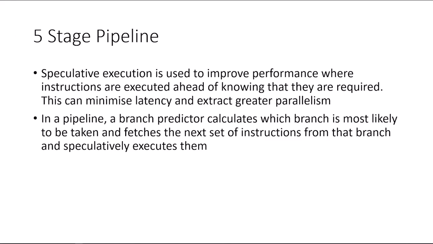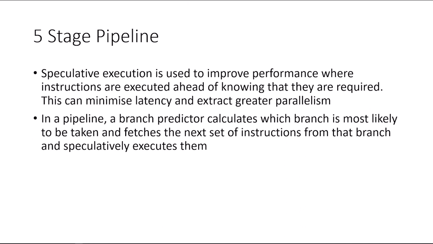So speculative execution is used to improve the performance where instructions are executed ahead of knowing when they're required. This can minimize latency and extract greater parallelism. So in a pipeline, the branch predictor calculates which branch is most likely. Basically, the branch predictor tries to predict which branch is most likely to be executed.